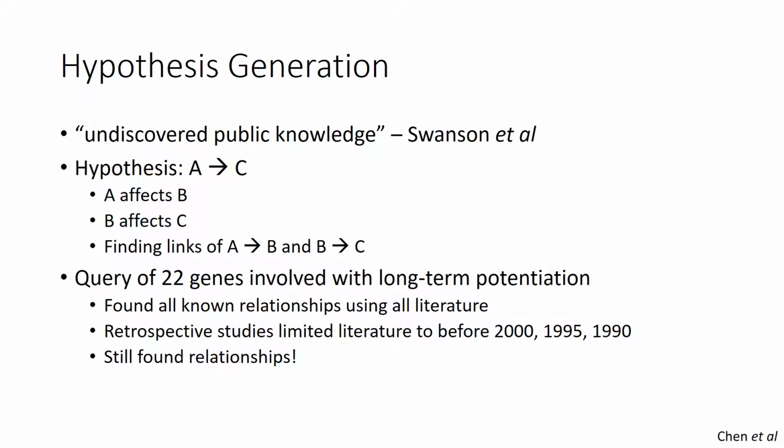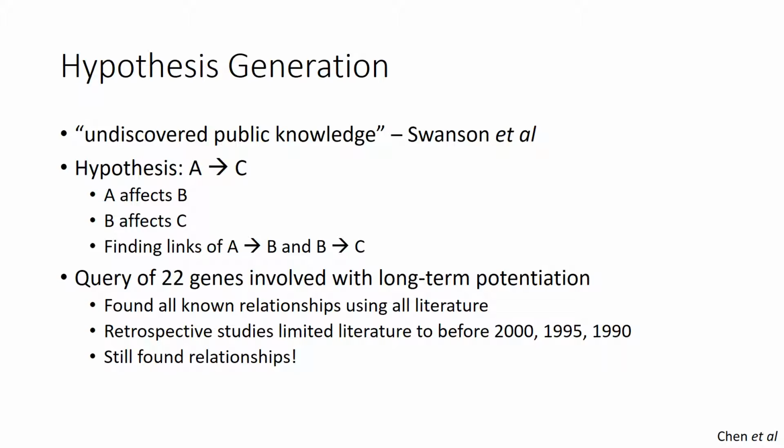We gave it a query of 22 genes involved with LTP. It's a neurological process that you don't really need to worry about. It's not important for our knowledge. Just know that it's already well known. So with all of the literature, they have found all the relationships.